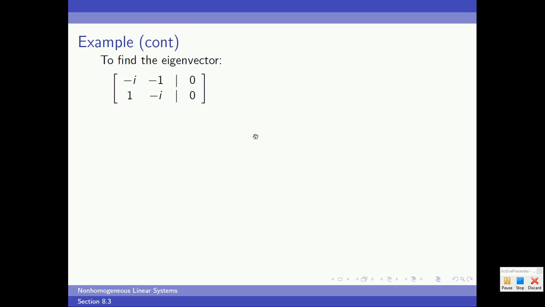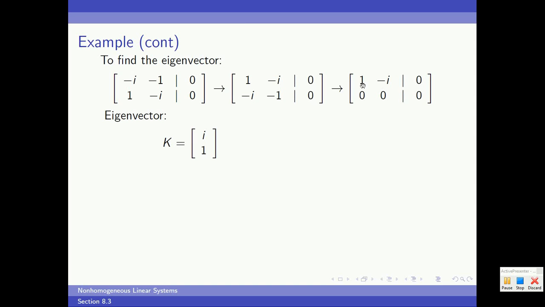To find the eigenvector, I plug in my negative i. So I have negative i, negative 1, 1, negative i. Solve this system. Basically, I switch these two rows, multiply by i, and get zeros down here. So this gives me that K1 is equal to i K2, where K2 is free.